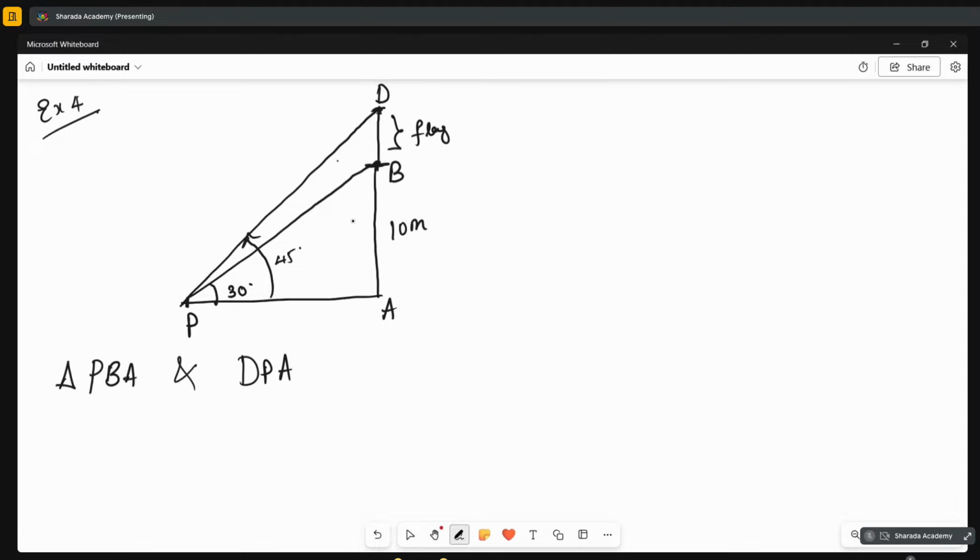You have three triangles here, right? But you have to take the triangles which are 90 degrees. So PBA and DPA you have to take.